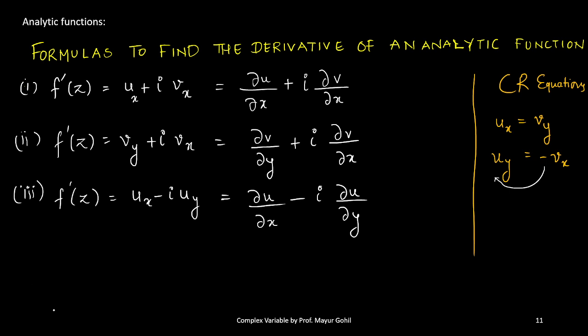Now one more version is possible. The fourth version, f dash of z, is equal to, now see, we have all the versions with x x, y x, x y. Now one with y y we will see.